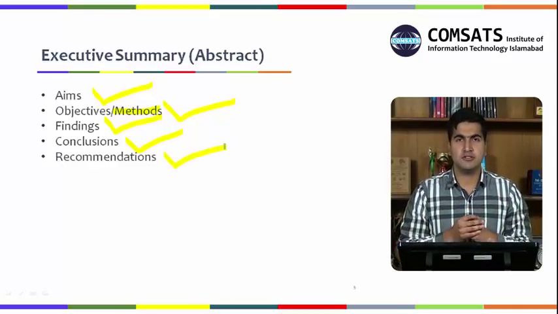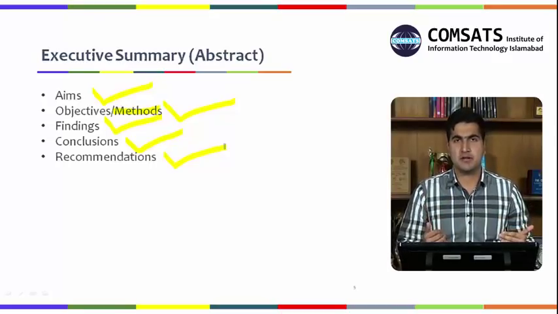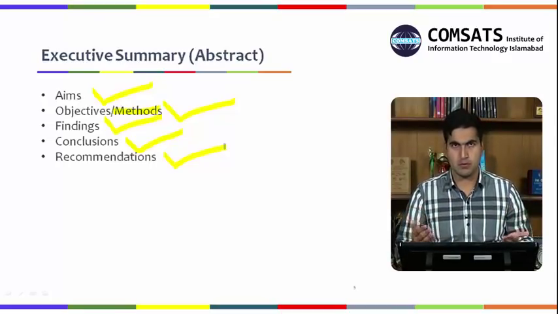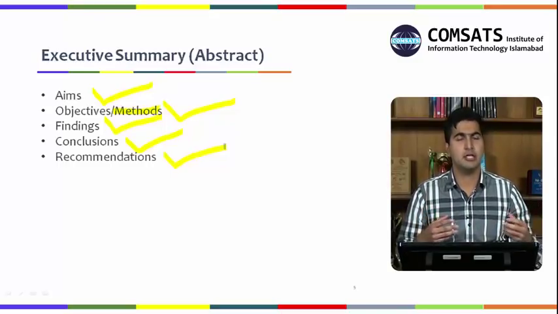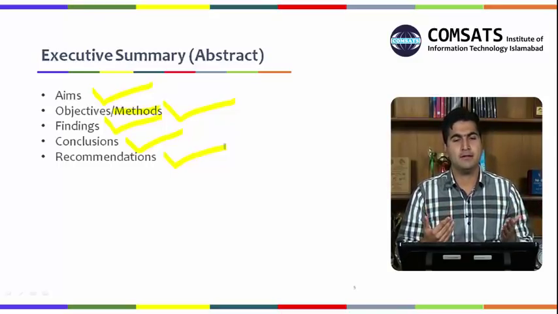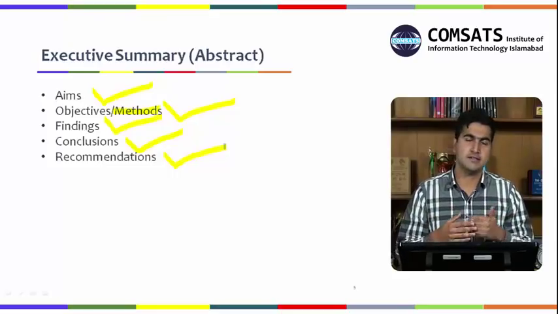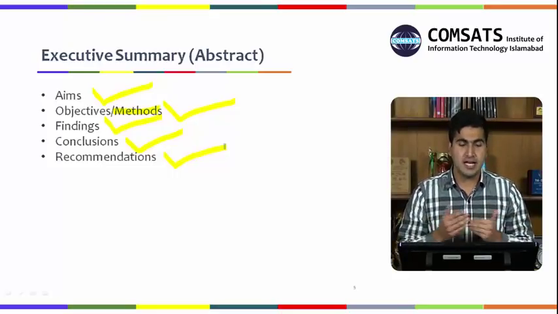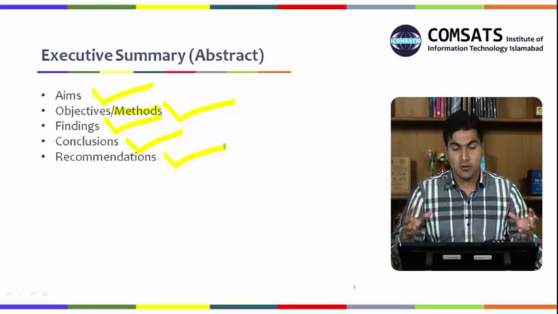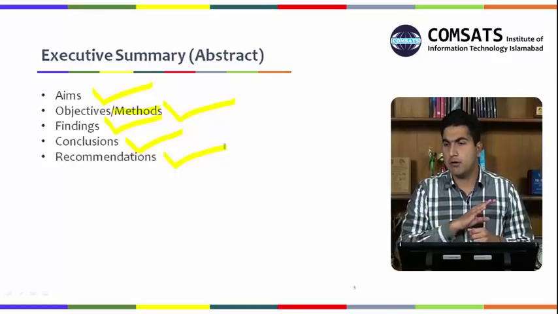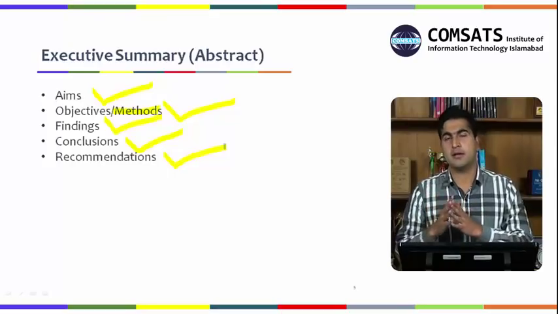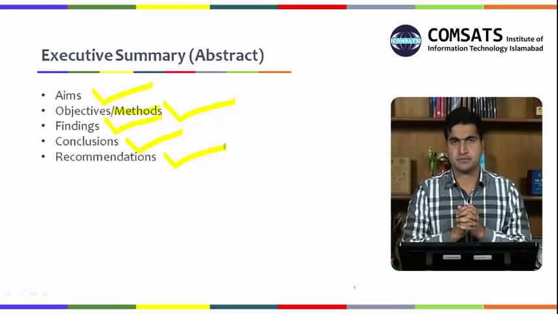Why? Because in most circumstances, you are supposed to report as a result of some problem which has been identified. You analyze it, and then you provide some solutions. So that's how we move with it, and it has to be compact, comprehensive, and should cover all the points which are there in a report.